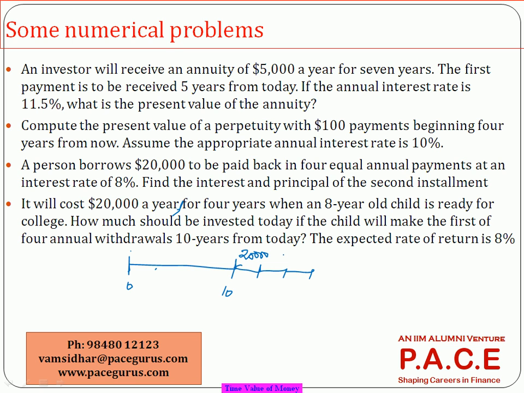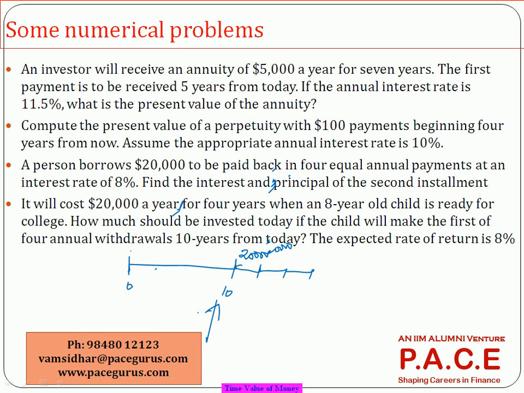The child's age is extra information, no use. How much should be invested today if the first of the 4 annual withdrawals is 10 years from today? So here is the first 20,000 withdrawn, then the next 20,000 is here, and so on.